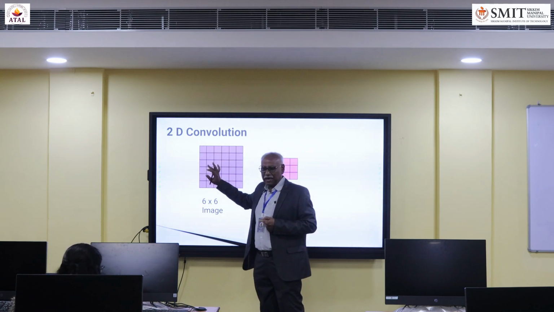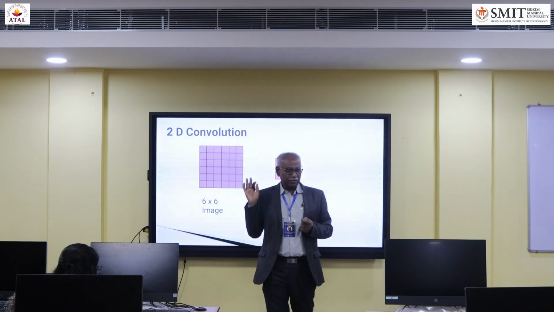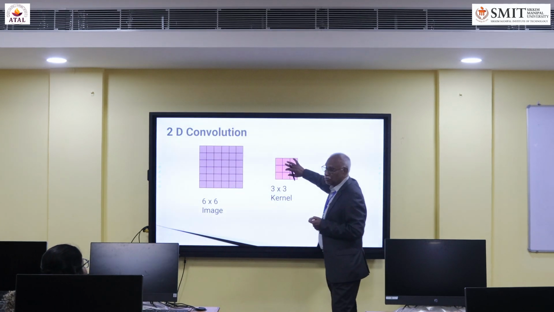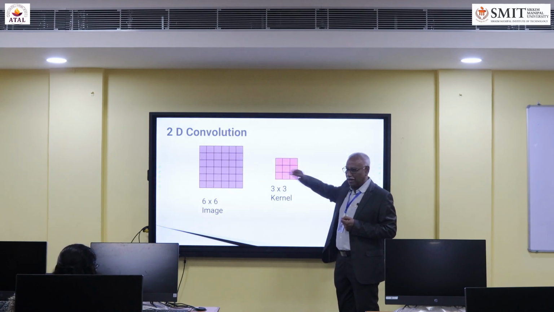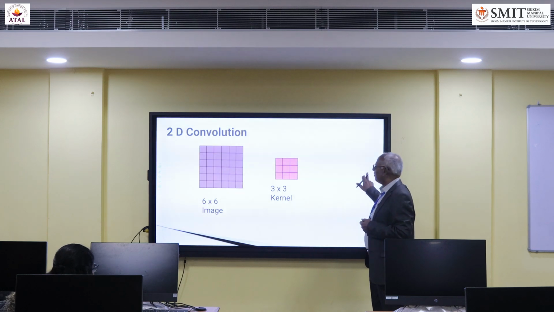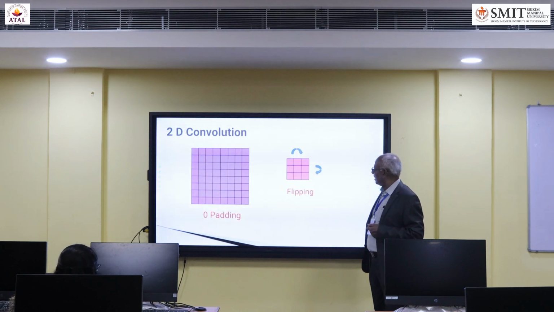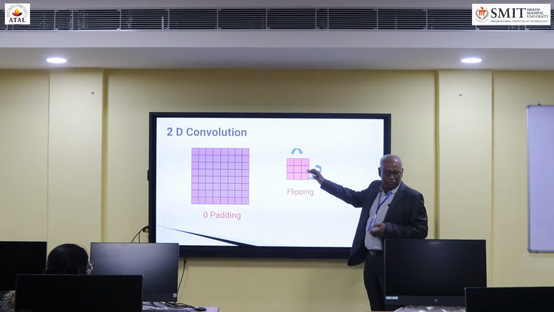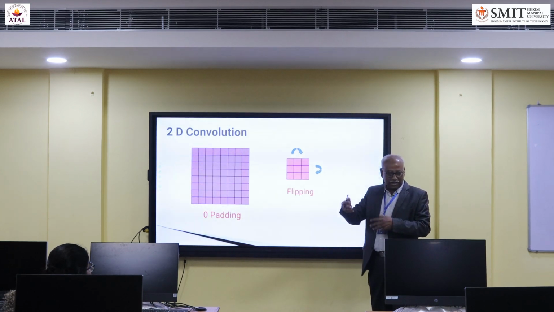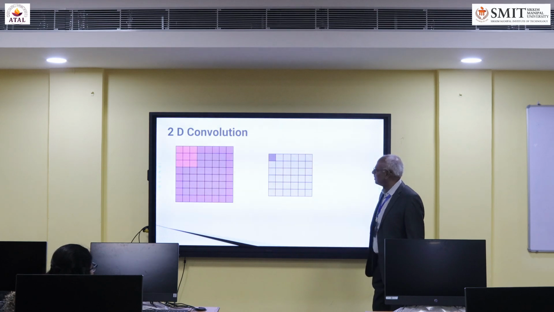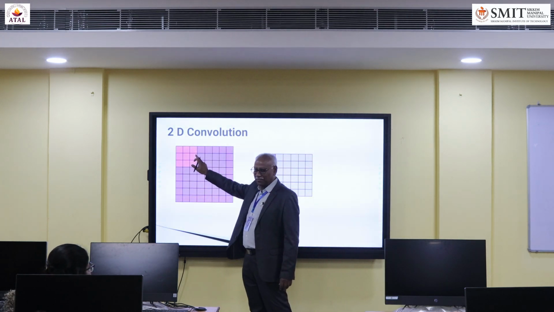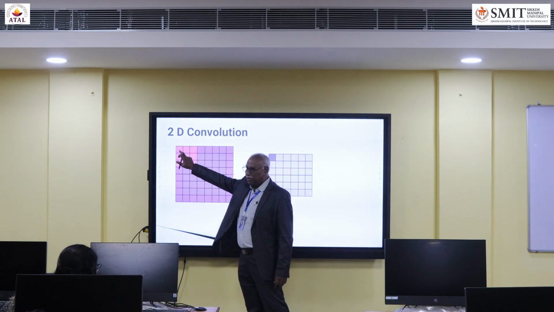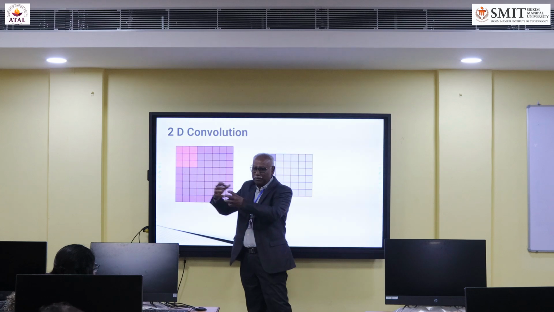Let us assume the number can be anything from 0 to 255. This is my convolution kernel. I'll have different convolution coefficients, or kernel coefficients. First, what you do? As before, the kernel has to be flipped both horizontally and vertically because this is a convolution operation. Put the kernel at this location. Do point by point multiplication. Add all of them.